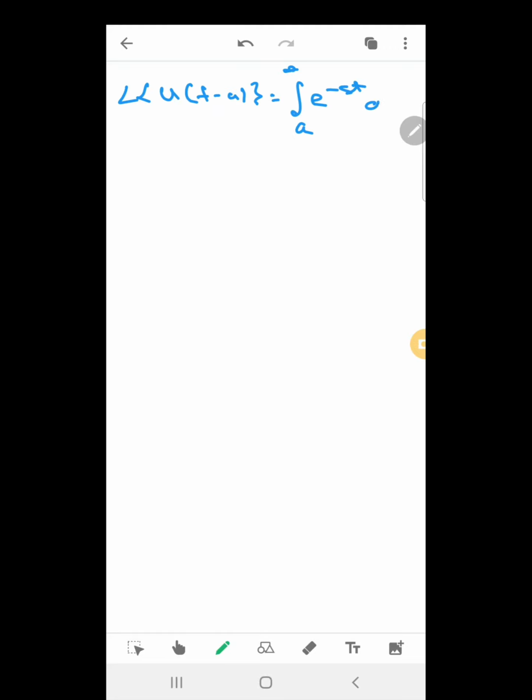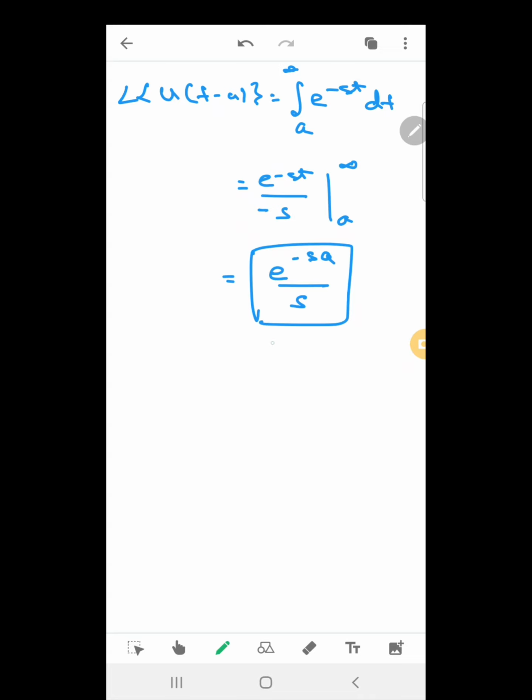So basically this integration gets transformed into, L of u(t minus a) becomes the integration from a to infinity of e to the power minus st dt, which is e to the power minus st over minus s from a to infinity, which is given as e to the power minus sa over s. Got it?